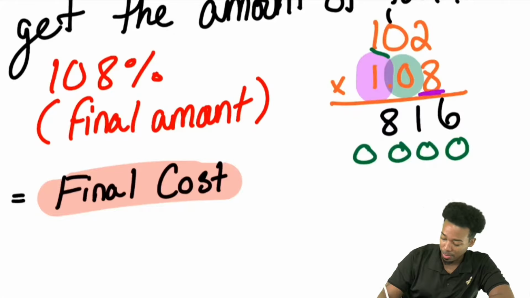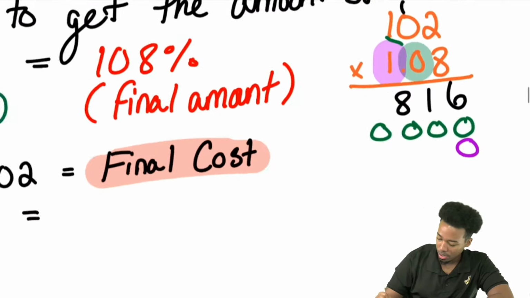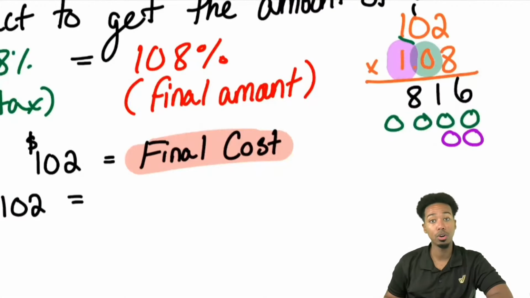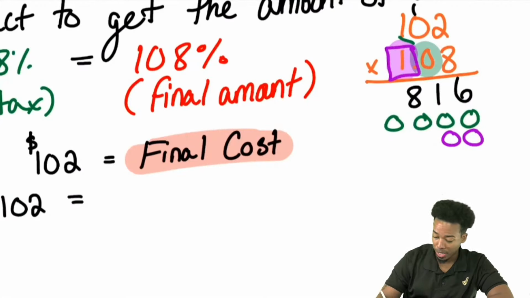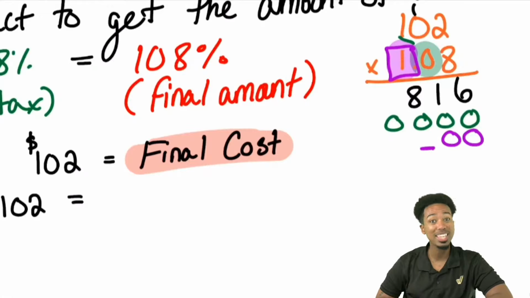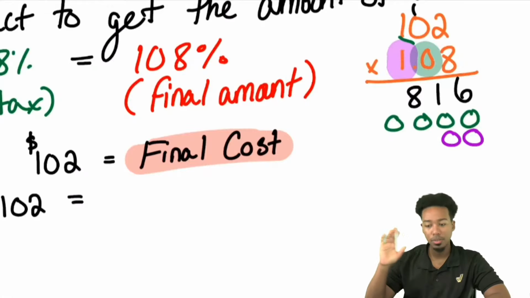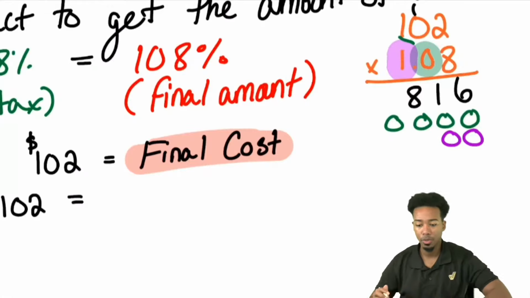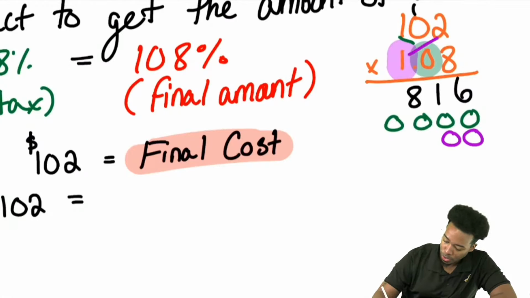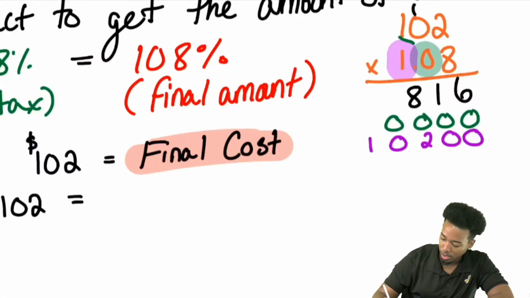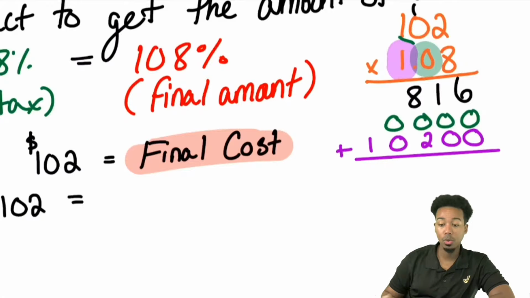Notice that we skipped here and skipped here, so we need to have a 0 there and a 0 there before we start, because we're now in the third place. Just a reminder for doing long multiplication. Now watch this. 2 times 1, that's 2. 0 times 1, that's 0. 1 times 1, that's 1. Stay organized and it'll be fine.